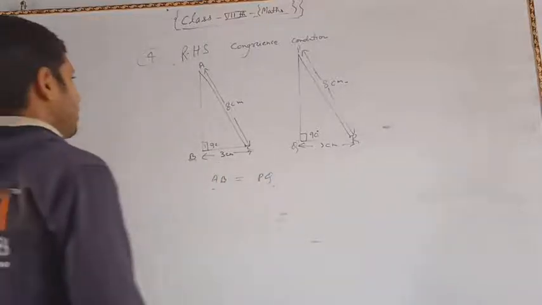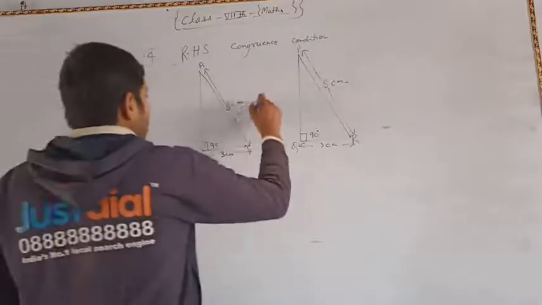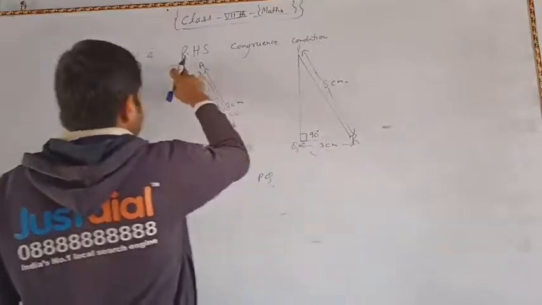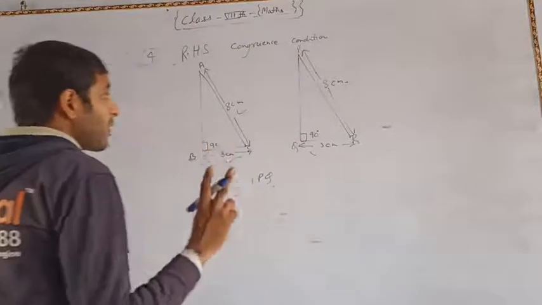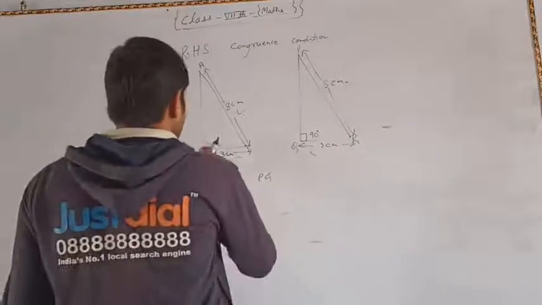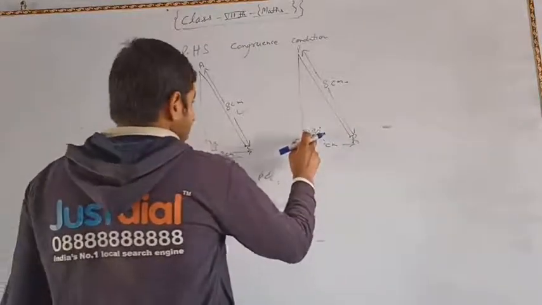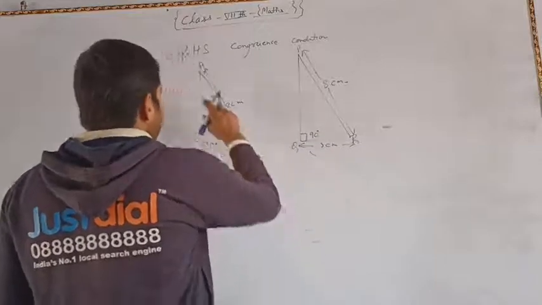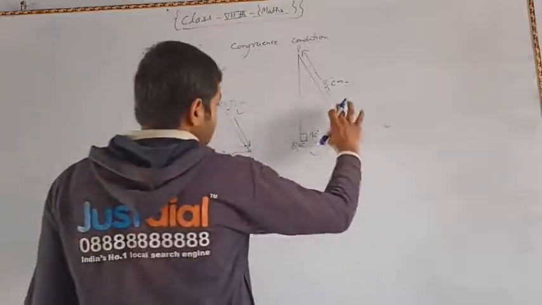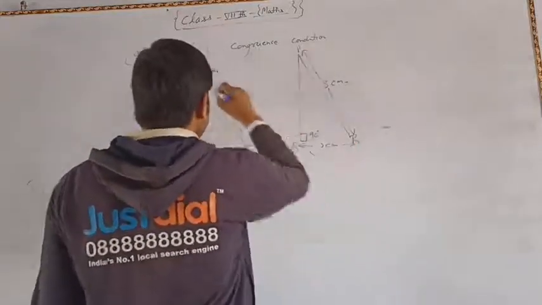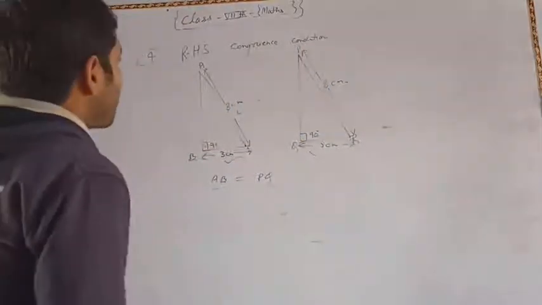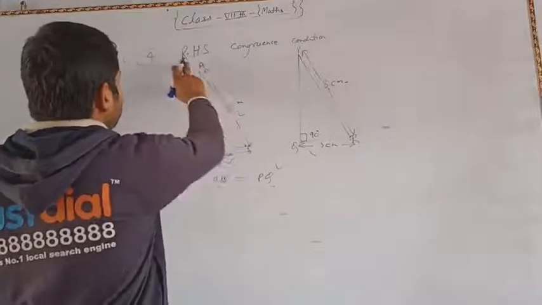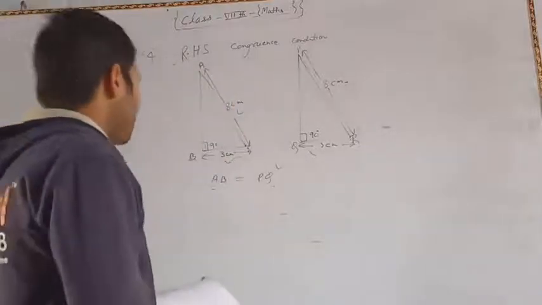Okay, and this rule is known as right hand side congruence condition. If any two triangles have the corresponding angle equal to 90 degree, and also the hypotenuse and base are equal, then this type of congruency rule is known as right hand side congruence condition.